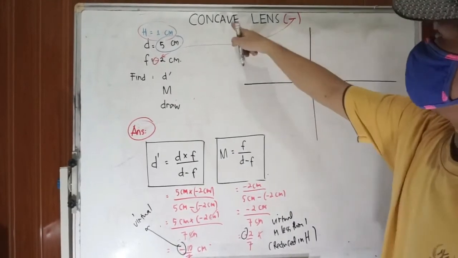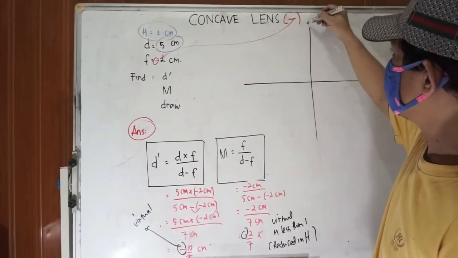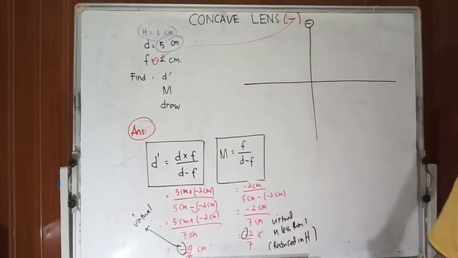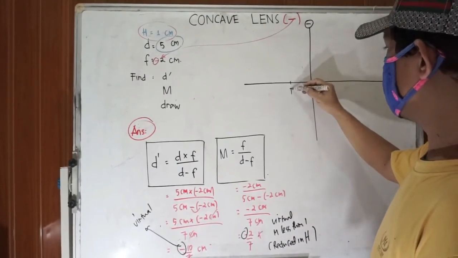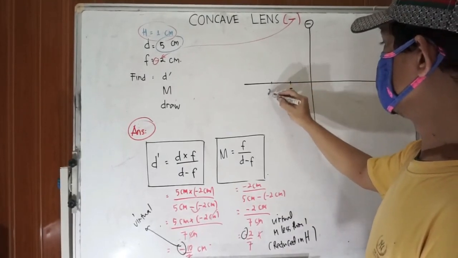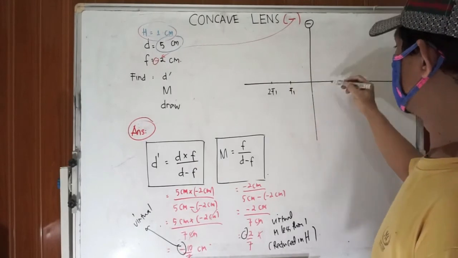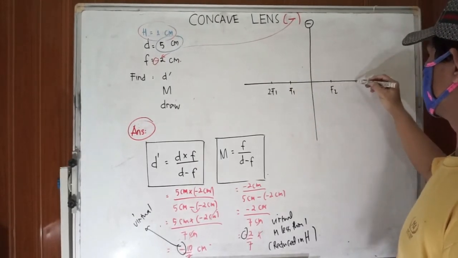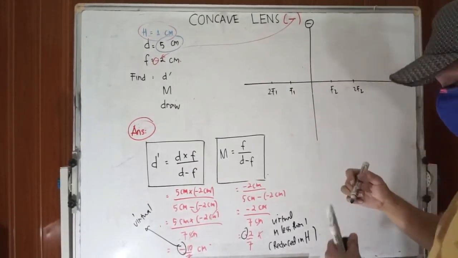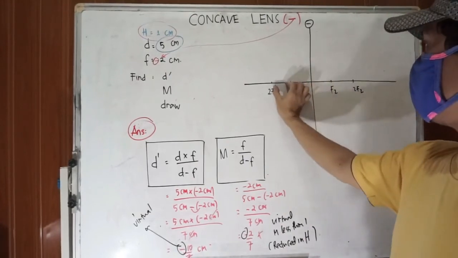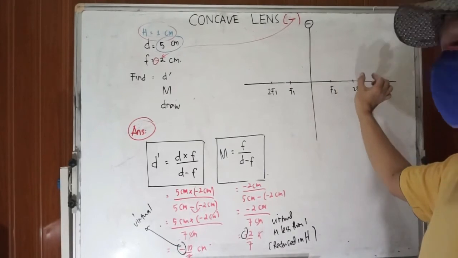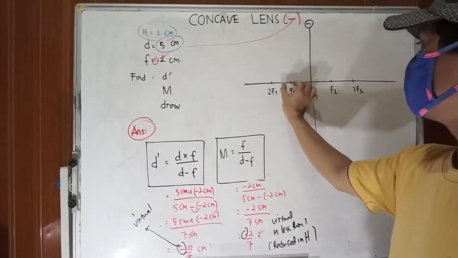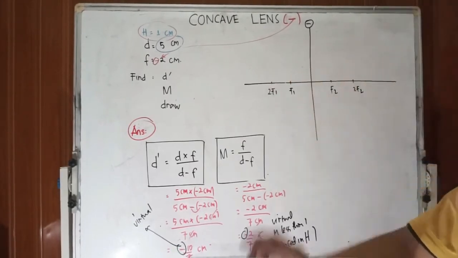For 1, this is the concave lens. You have to put negative here, and focal length is 2. F1, F2, and 2F2. The length of the focal must be equal, 2 centimeters.